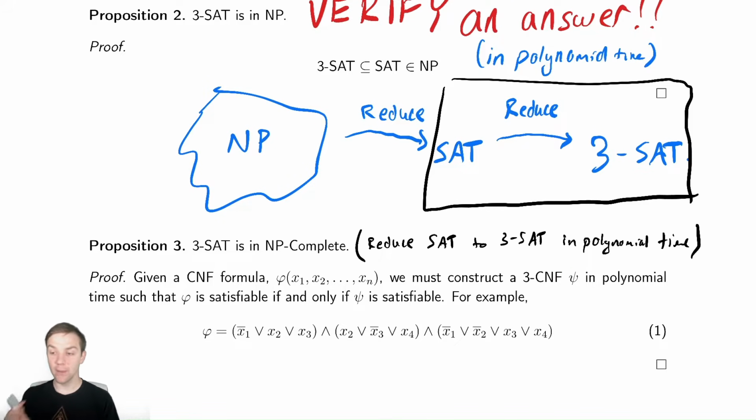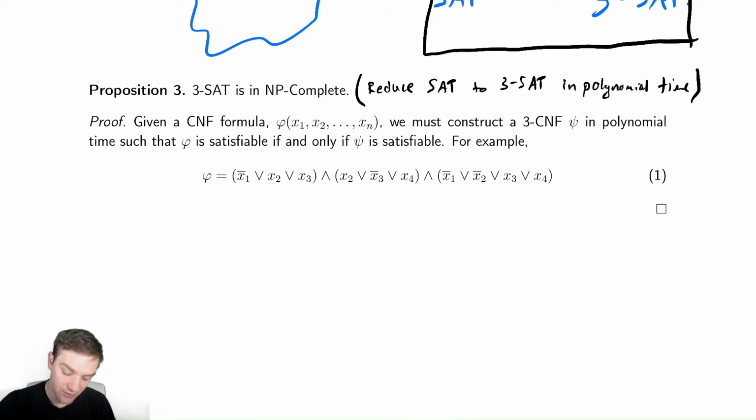Notice, all we care about is that the first one is satisfiable if and only if the second one is satisfiable. They don't even need to have the same variables. You could rename every single variable and do a whole bunch of other nonsense and allow this to still work. So, what we're going to do is take phi here and rewrite it in terms of other variables potentially and call it psi, and that new formula psi should be satisfiable only if the original is.